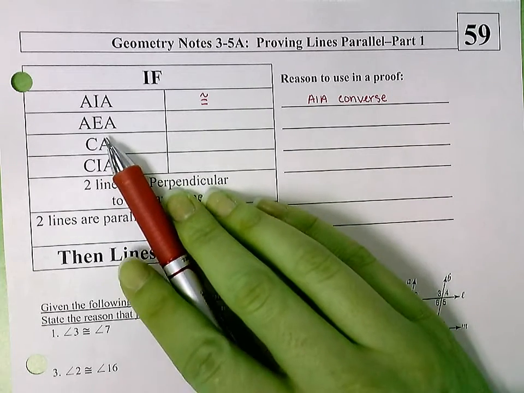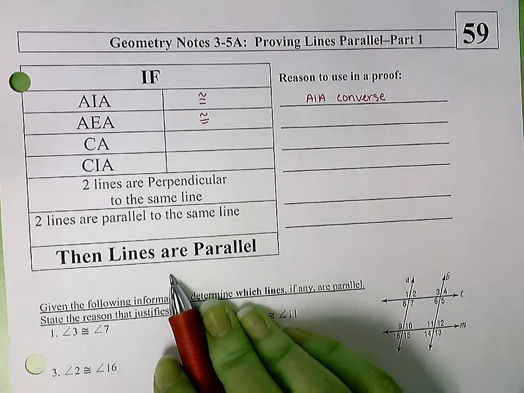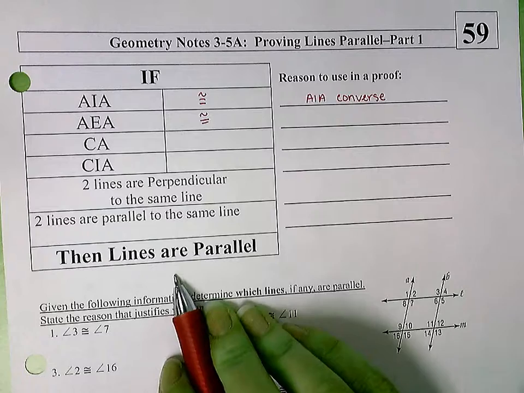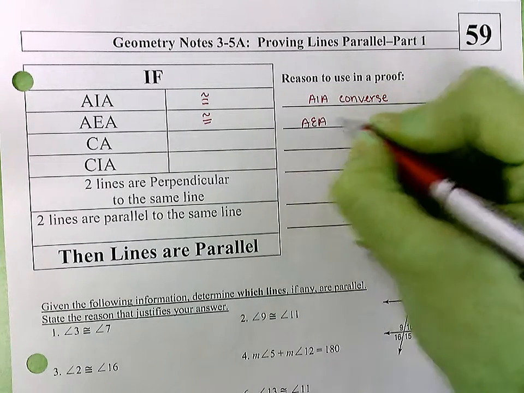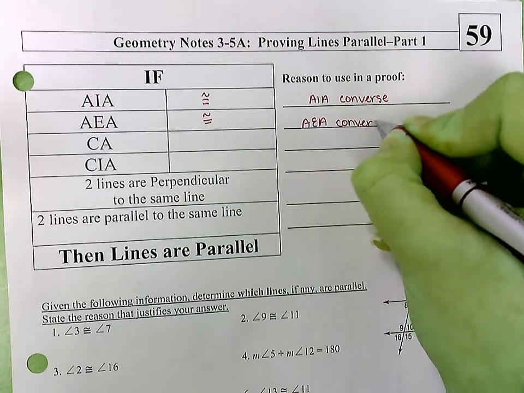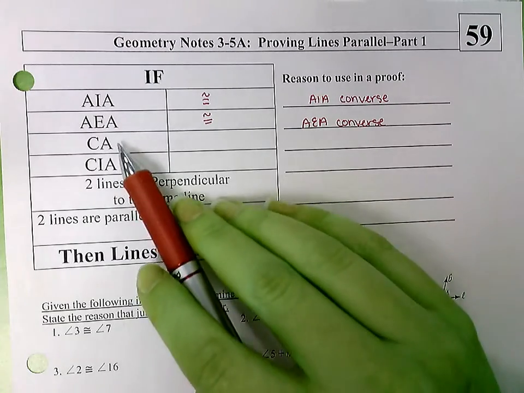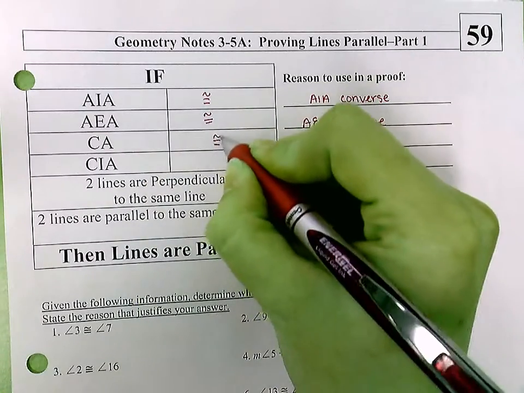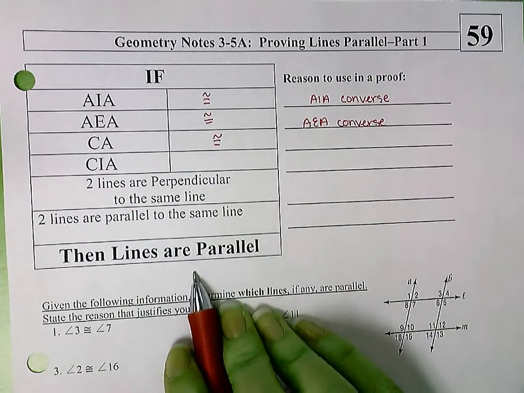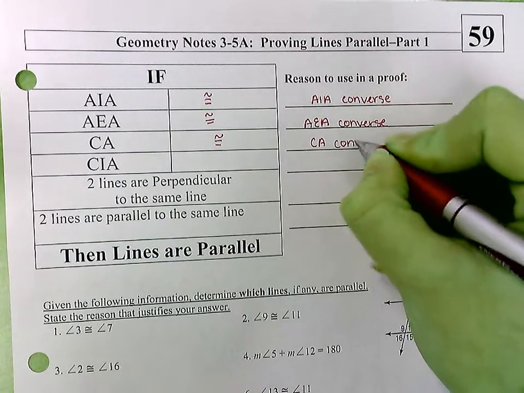Next one, if we have alternate exterior angles that are congruent, then I can say that my lines are parallel. Okay, again, using this in a proof, I would say AEA converse, because we're using that converse. If we have corresponding angles congruent, then our lines are parallel. So this is our corresponding angle converse.